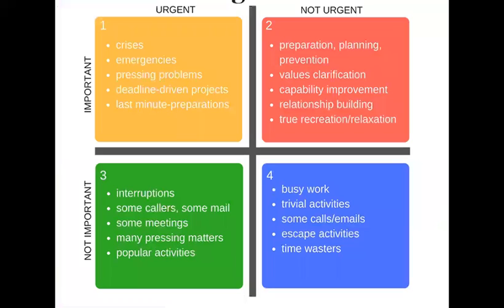Okay, so here you can see 4 boxes. These 4 boxes are called quadrants. Okay, so what is a quadrant? A quadrant is one of the 4 equal parts into which a circle or any other shape has been divided.